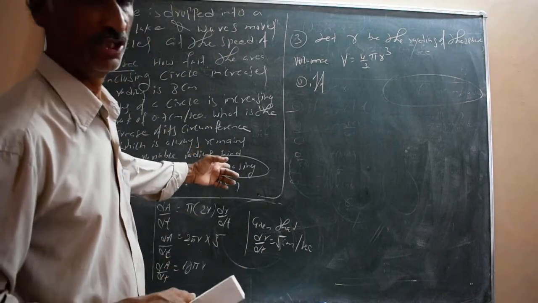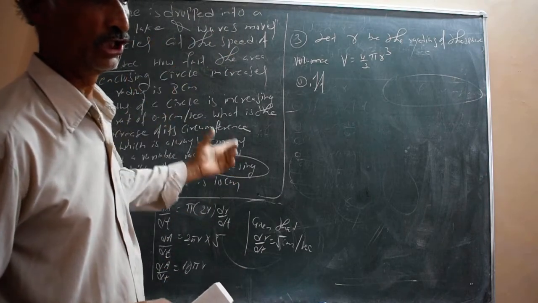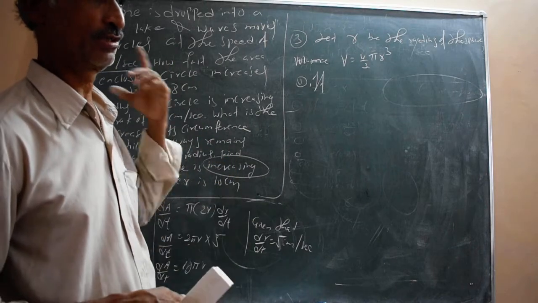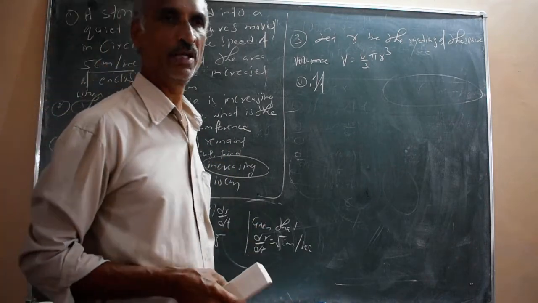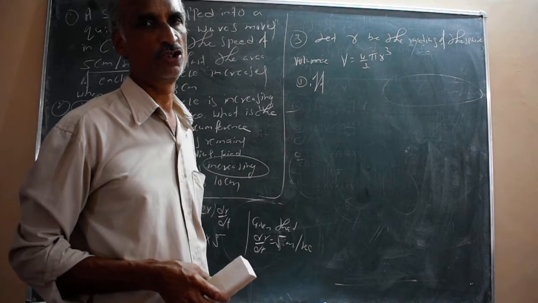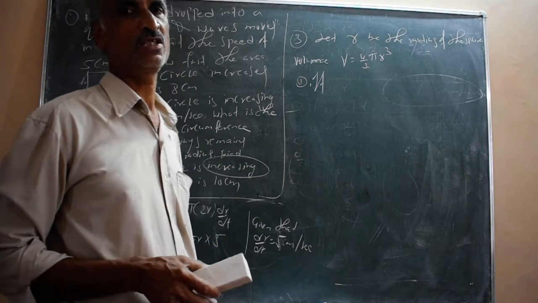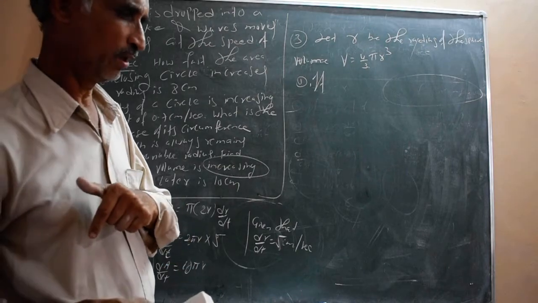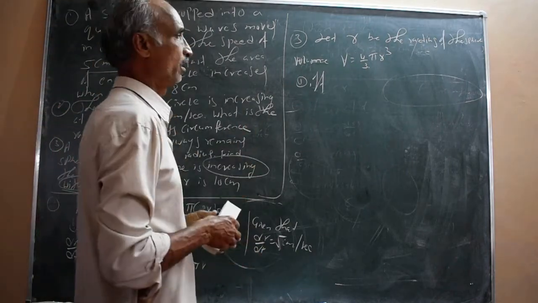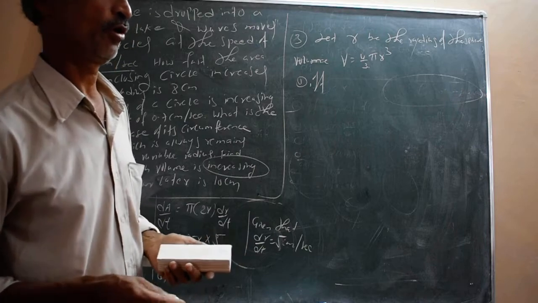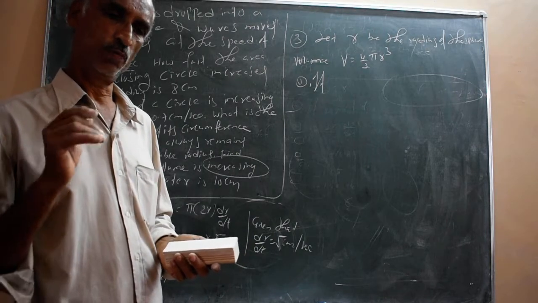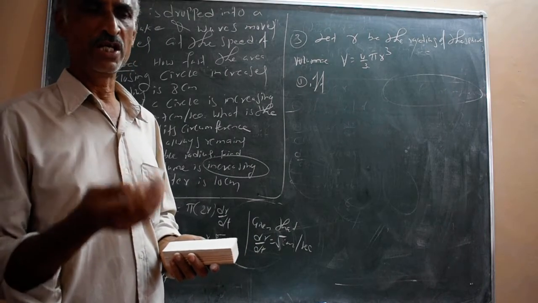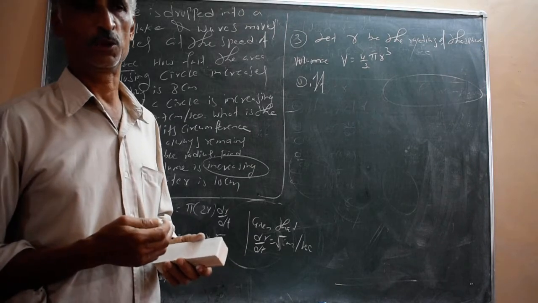Nonetheless, if it is mentioned in the problem that the change is with respect to radius, or with respect to length or breadth, then only you have to differentiate with respect to that variable. Otherwise, it is differentiation with respect to time only in the rate measure topic, not in other topics of application of differentiation, where the differentiation is with respect to the variable quantity of that particular expression.